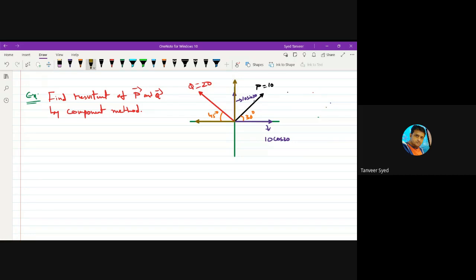This is 20 cos 45. This is 20 sin 45. The component attached to the angle will be cos, the other will be sin. Now you should not see this vector. It's split into these two components.